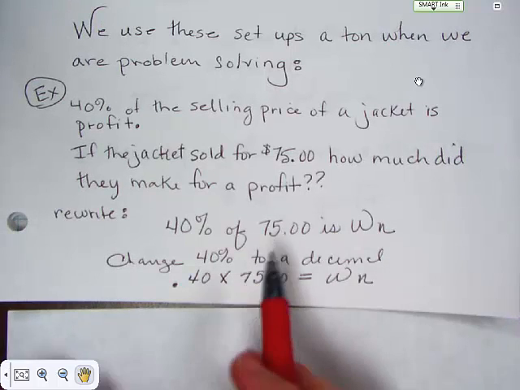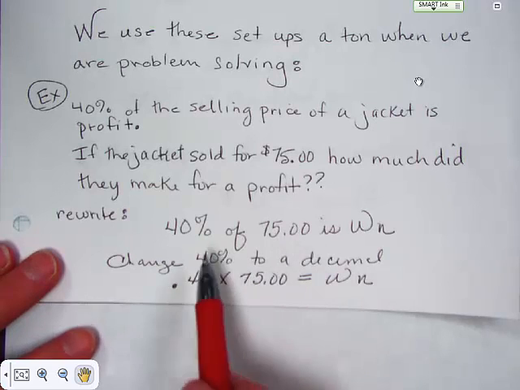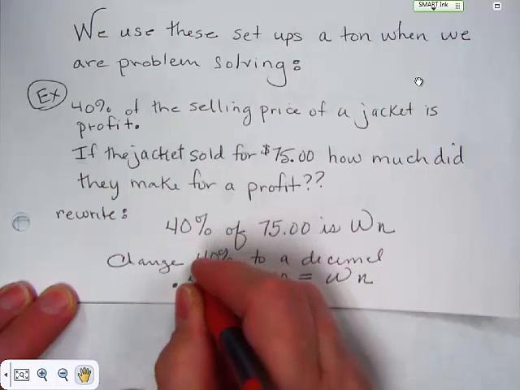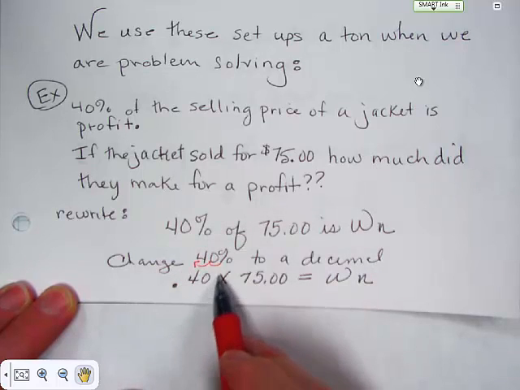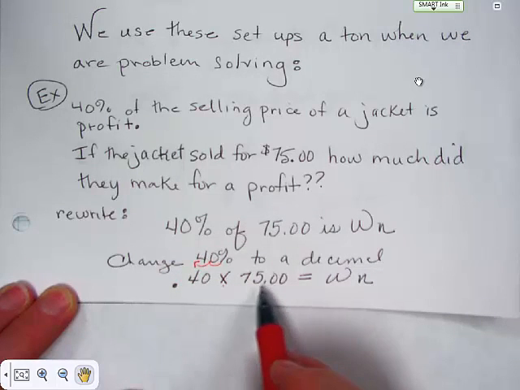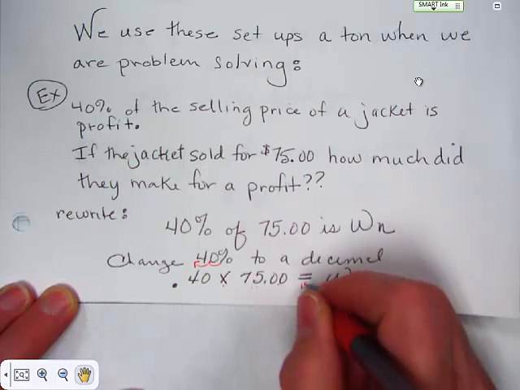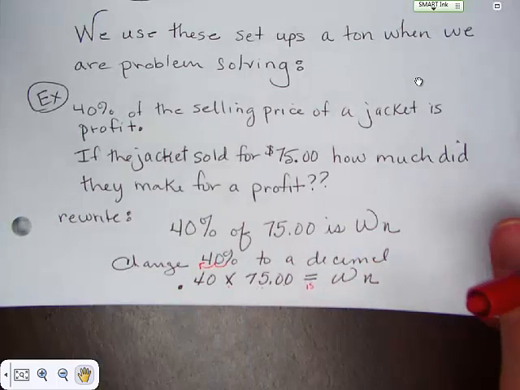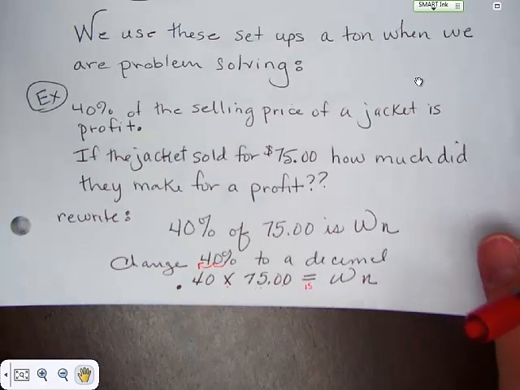So we would change 40% to a decimal, which is 0.40. Remember, everybody, we move the decimal two places to the left. 0.40 times 75 equals what number? That's how we would have to set it up, because we're looking for what the profit is.